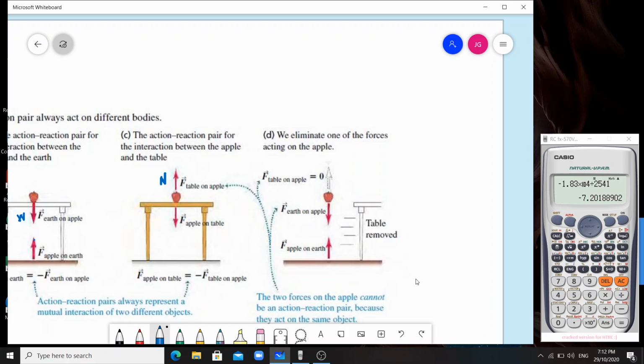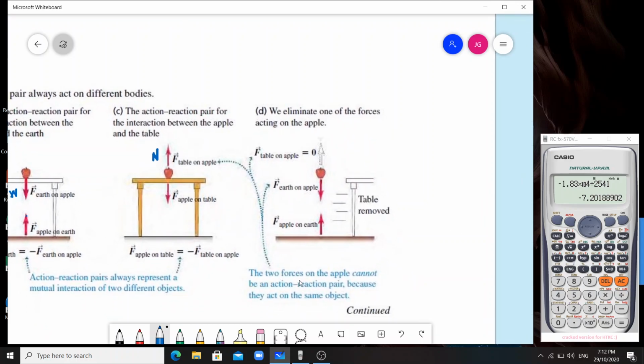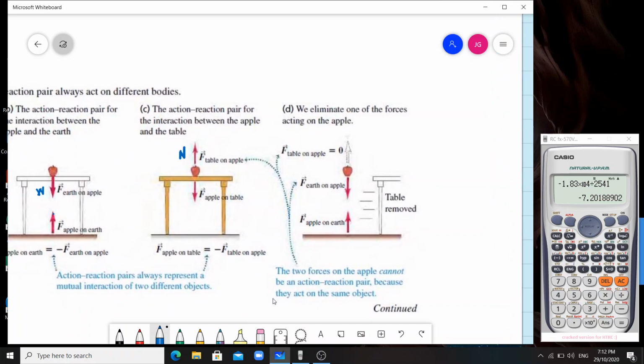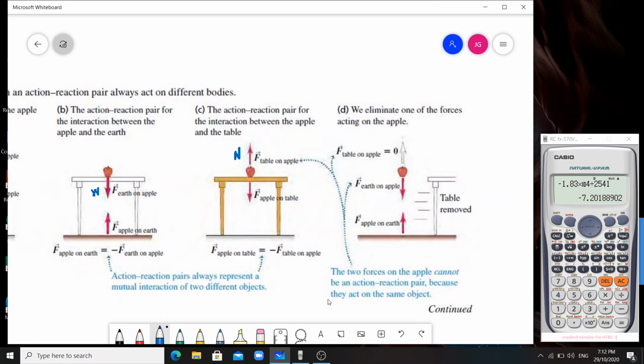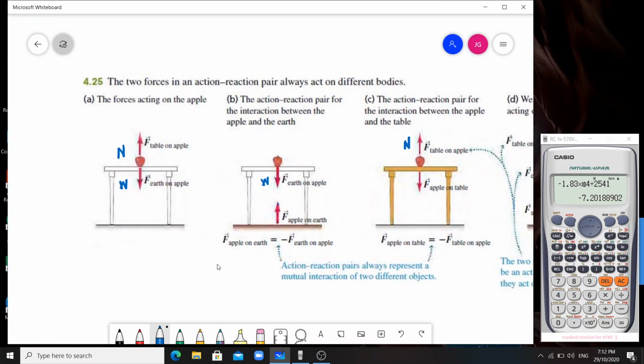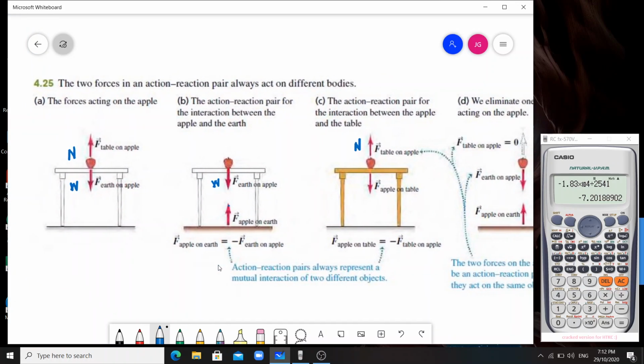Now, sabi dito, the two forces on the apple cannot be an action-reaction pair because they act on the same object. Okay? Ayan. So, ito daw, si weight, the earth on the apple. On apple and apple on earth.